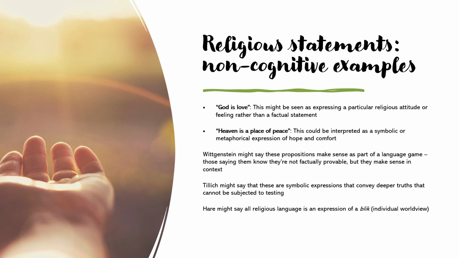Equally, something like heaven is a place of peace. This could be symbolic, it could be metaphorical, it could be expressing something like hope. Heaven is a place of peace doesn't necessarily refer to a literal place called heaven, a geographical location, where it is peaceful. When religious believers say things like that, they don't normally mean it that literally.